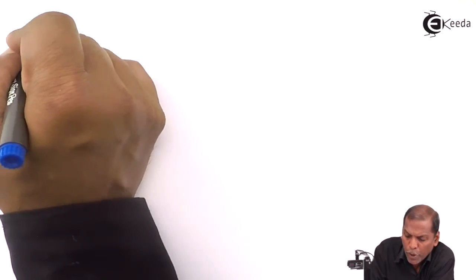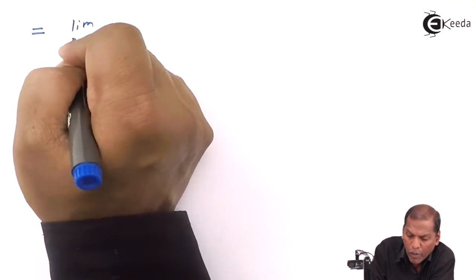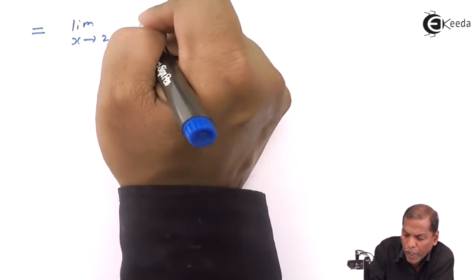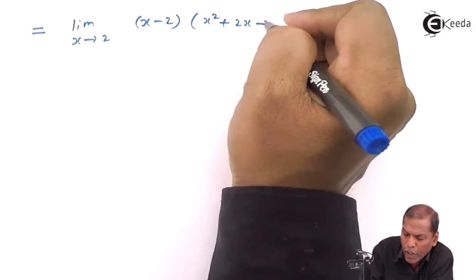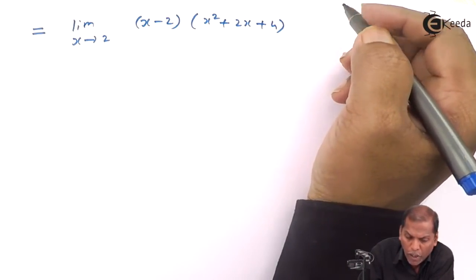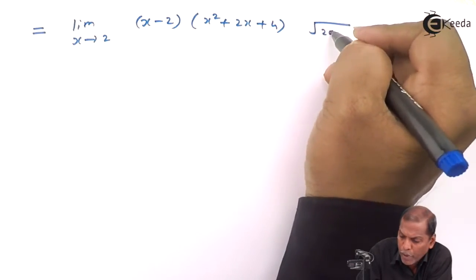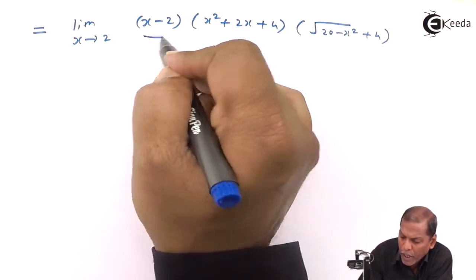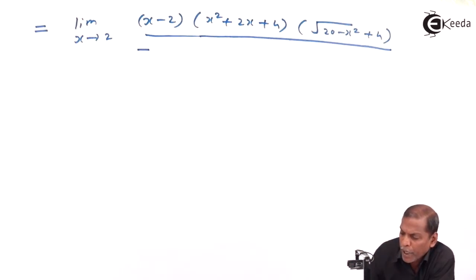So by using this formula, the next step will be limit x tends to 2. In the numerator, the first bracket we have x minus 2, next bracket x square plus 2x plus 4, and the third bracket, square root of 20 minus x square plus 4, we write as it is. Then in the denominator we keep the minus sign as it is.